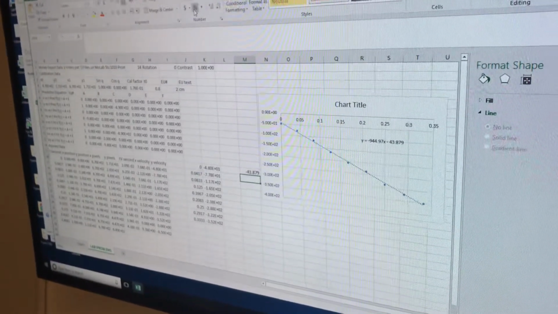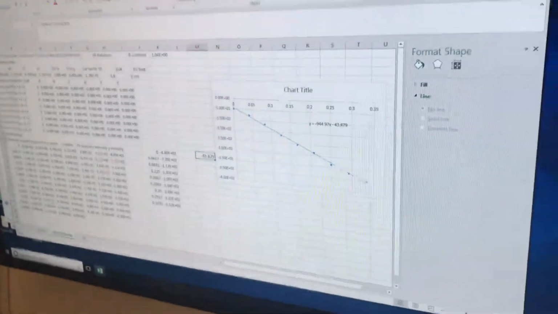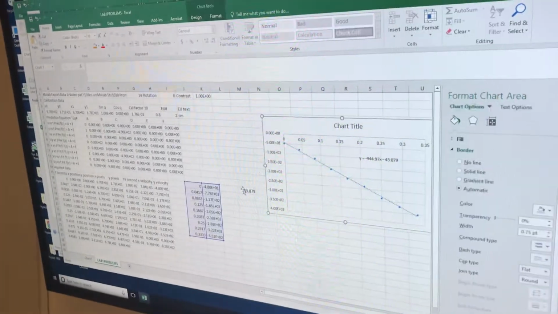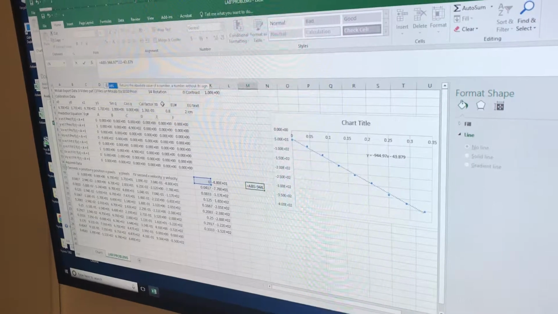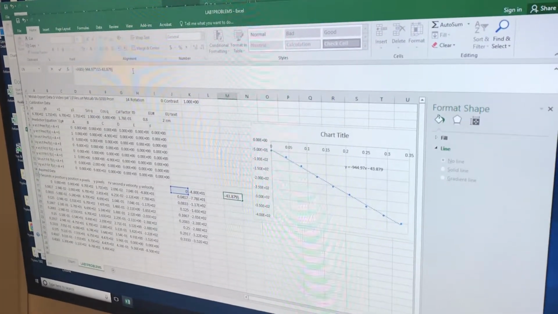Okay, so now we have, because J15 is 0. Okay, and actually the other thing that we want to do is make this the absolute value, because we're just looking at the absolute difference from the trend line to what we measured.